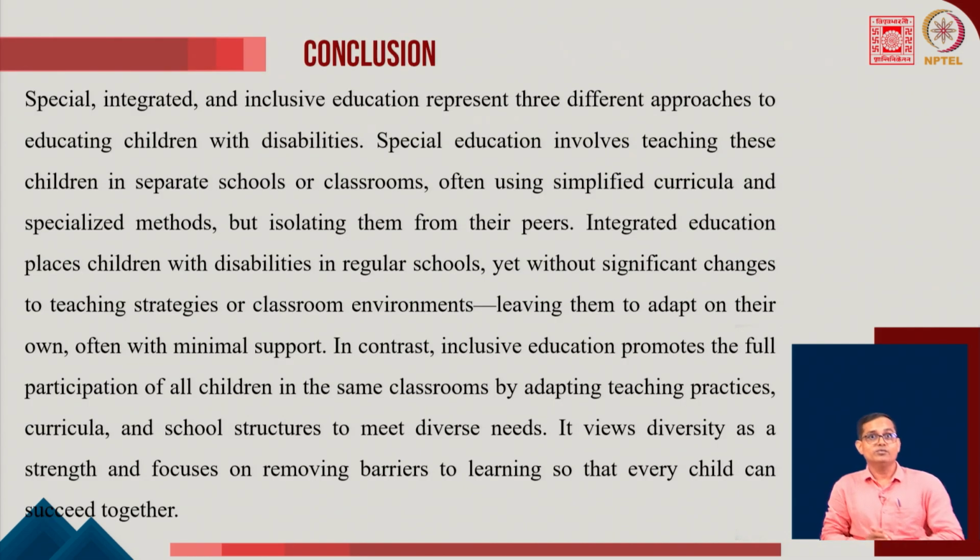In conclusion, we can say special, integrated and inclusive education represent three different approaches to educating children with disabilities. Special education involves teaching these children in separate schools or classes, often using simplified curricula and specialized methods, but isolating them from their peers.